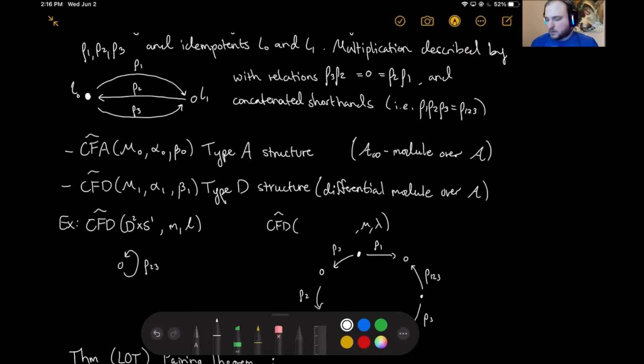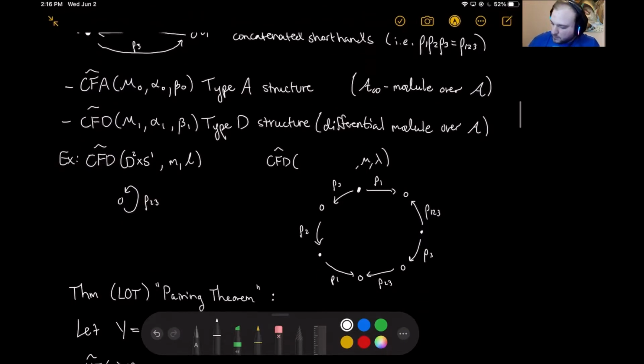And then on the right here, we have the type D structure for the trefoil exterior, with the standard meridian longitude basis for the exterior, and its maps describing the delta multiplication map on the type D structure.